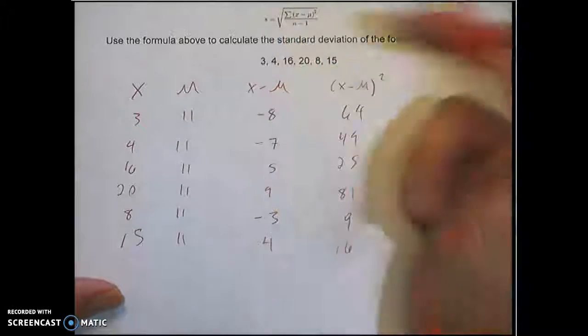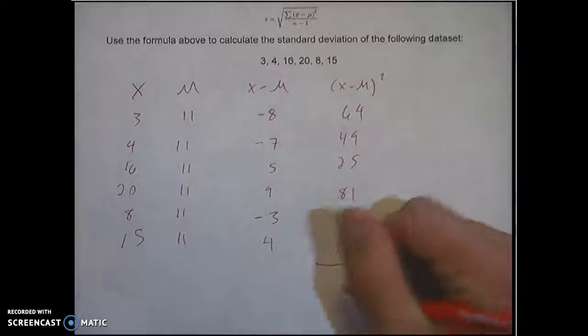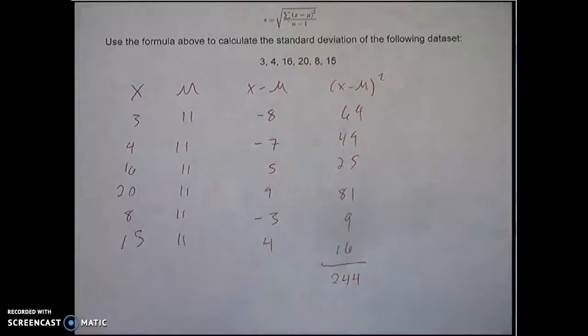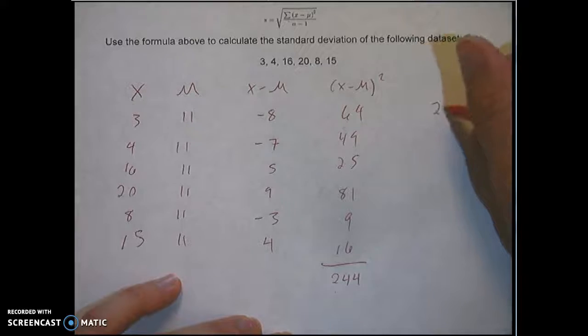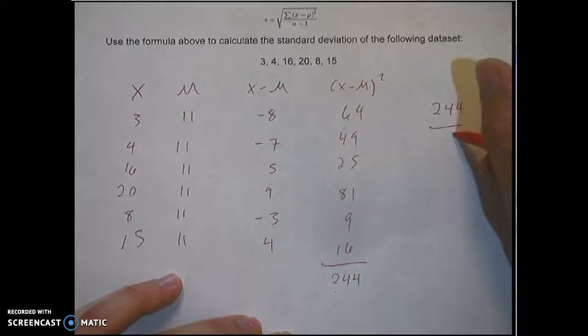And then that symbol right there means to total them. So just to add them all up, that's going to be 64 plus 49 plus 25 plus 81 plus 9 plus 16. That's 244. And you're supposed to take that 244, divide by n-1. N is just how many there are. There's 6 of them. So I'm going to take that 244 divided by 6 minus 1, which is 5.